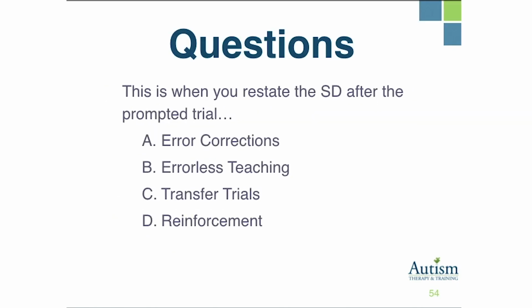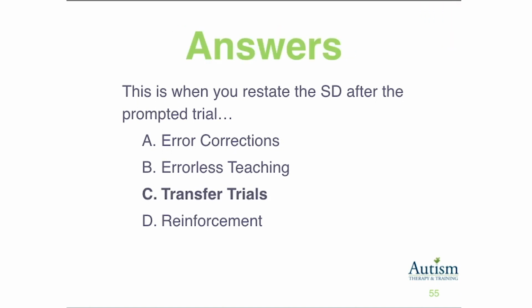This is when you restate the SD after the prompted trial. A, error corrections. B, errorless teaching. C, transfer trials. Or D, reinforcement. And the correct response is C, transfer trials.